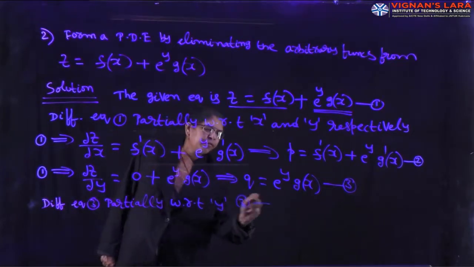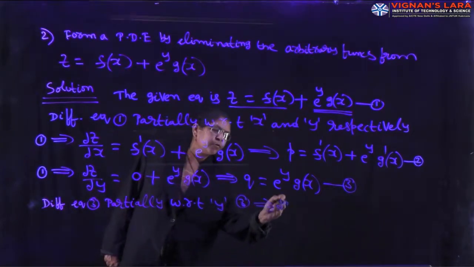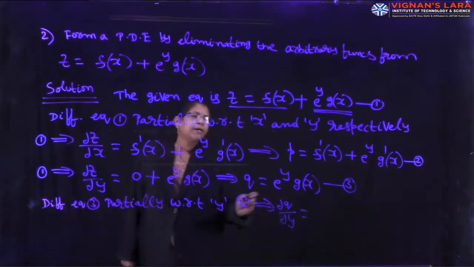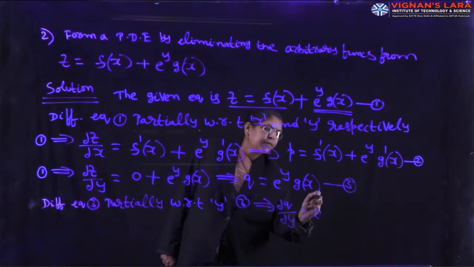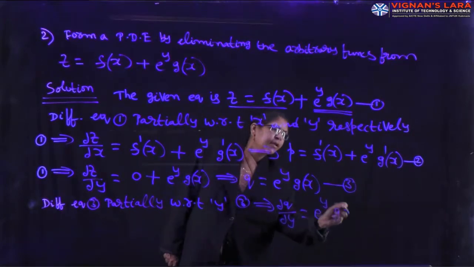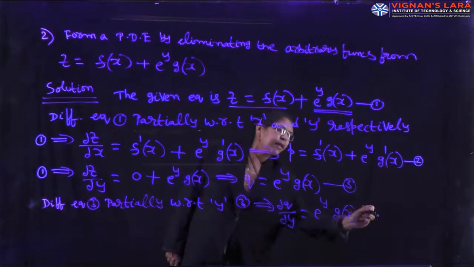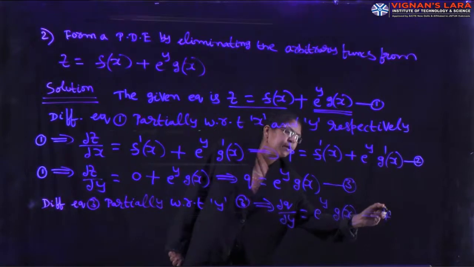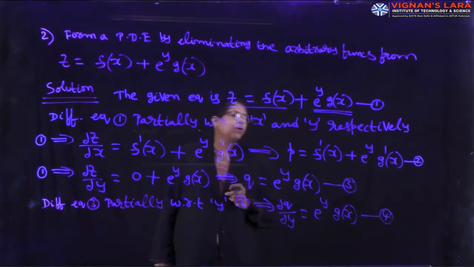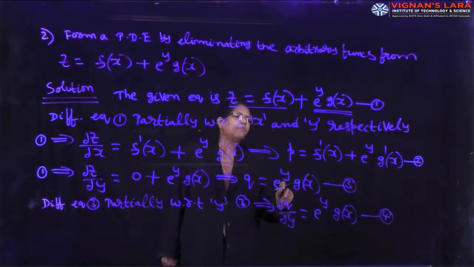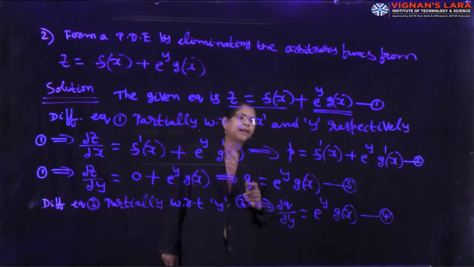Dou q by dou y equal to, for e power y the derivative is e power y, and g of x is a constant. Take this as equation number 4. Now you observe equations 3 and 4. In equations 3 and 4, RHS is same. So from 3 and 4, since RHS is same, you can equate LHS.